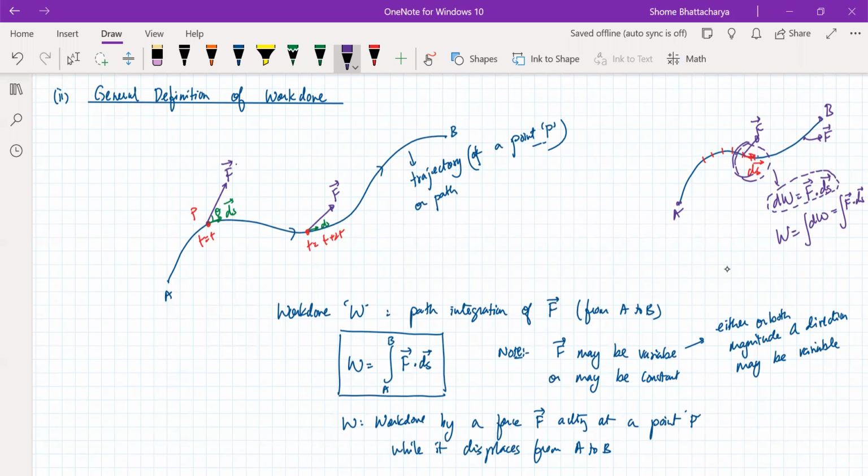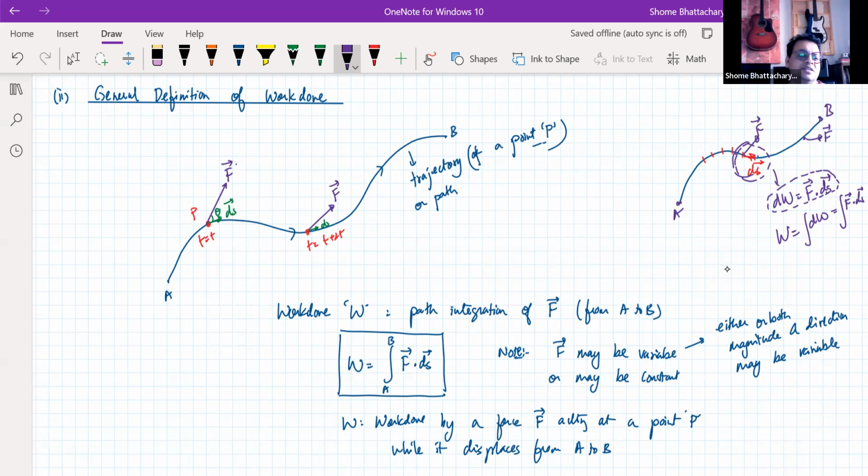So this is the same definition as we saw earlier, F dot S, but instead of the total displacement, here we are taking only a very small part of the displacement, which is ds. Because we are taking a very tiny part of the displacement, it's for a very small interval of time. So in that interval of time, we can treat the force to be constant, and it has the instantaneous value F.